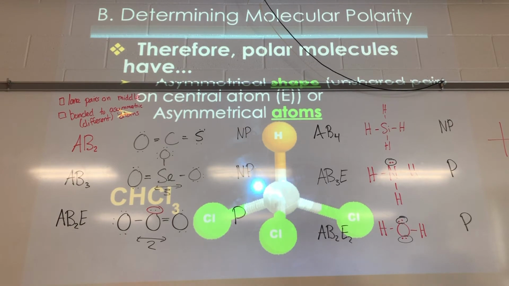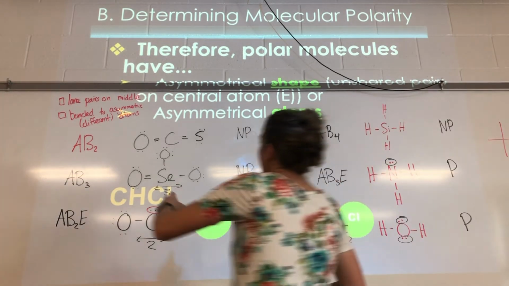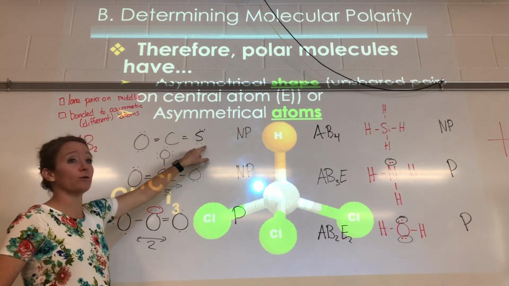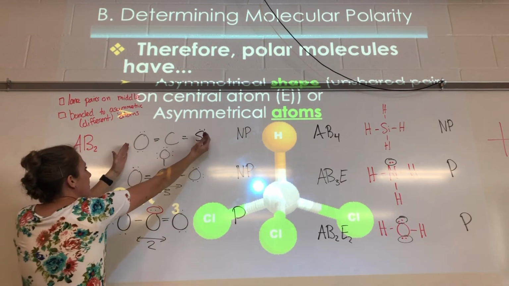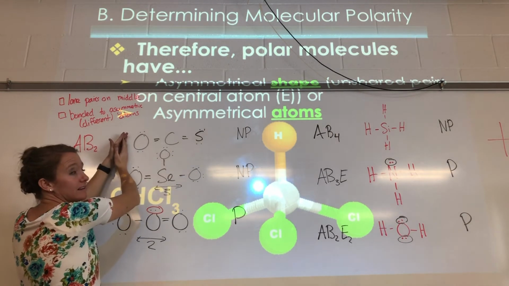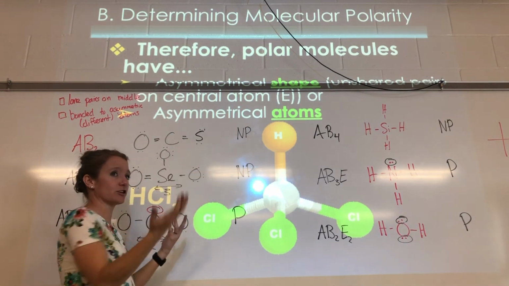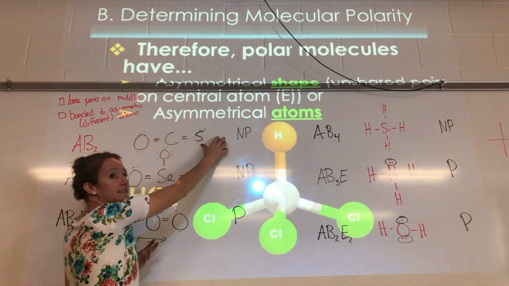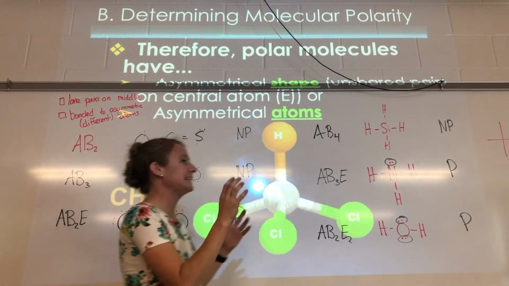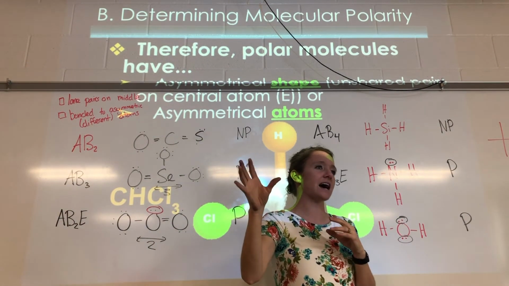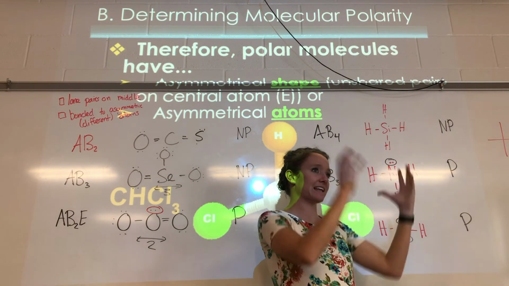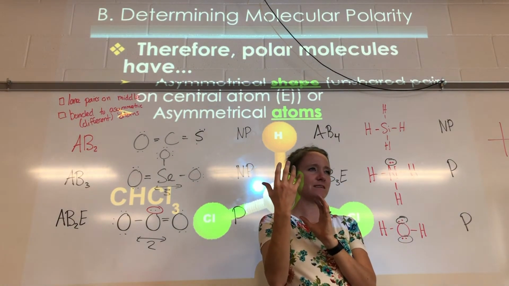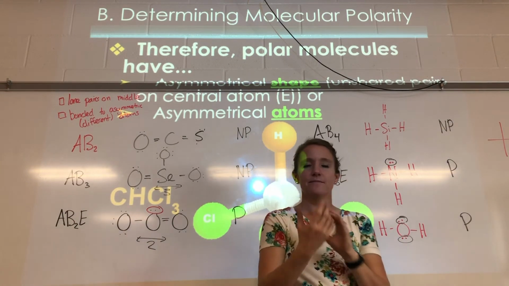And they're not being pulled equal because oxygen pulls harder than sulfur does. And so if you're having a tug of war here, more electrons would be pulled this way than that way. And so there's your magnet, right? A negative and a positive side. If you can't designate a negative and positive side, it's not polar. All polar molecules will have a negative side and a positive side to them. Does that make sense? Okay.